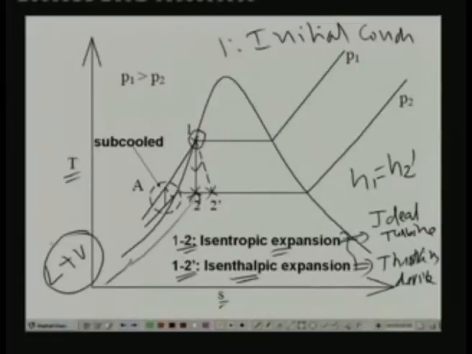So at the inlet to this turbine or throttling device, we have a saturated liquid, but at the exit we have a mixture of liquid plus vapor, right? That means during this process some of the liquid got converted into vapor, or flashed into vapor. Now we know that this is a phase change process. Liquid has become vapor, and this is an endothermic process.